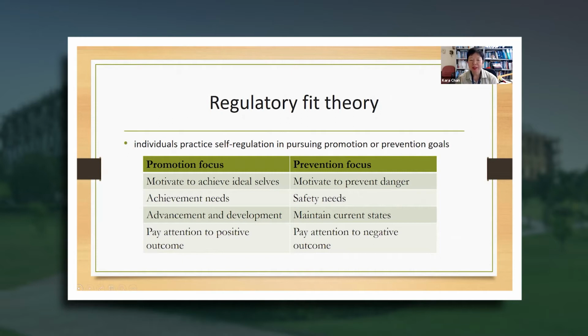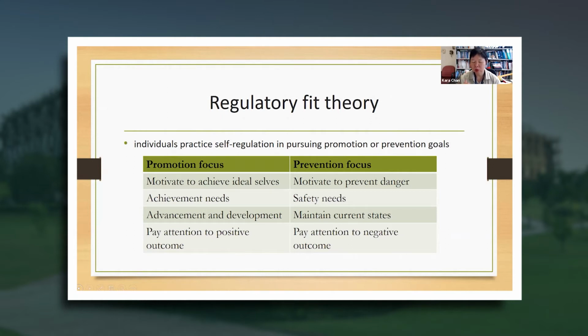But on the other hand, not all people are like that. Some persons are more geared towards prevention focus. So their motivation is don't get into trouble. I want to stay safe, and I don't want to attempt anything risky. So they are paying attention to negative outcomes.